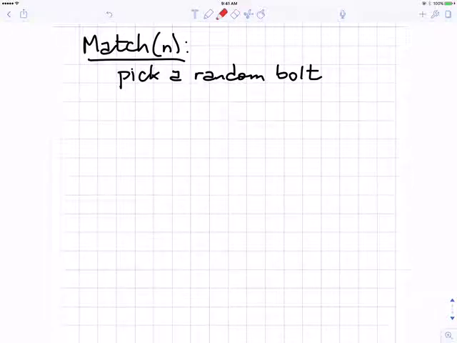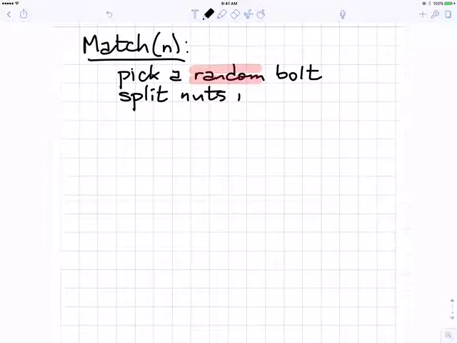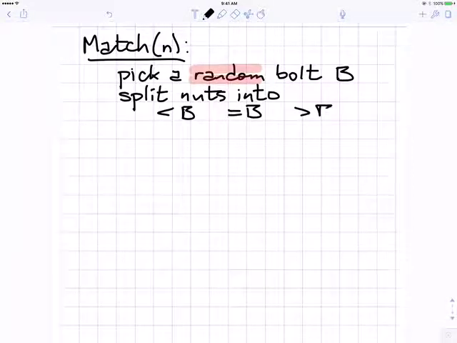And again, that's important. Split the nuts into, let me call this random bolt B, smaller than B, matches B, greater than B. Okay? And I do that by taking each nut and comparing it to the random bolt B that I've chosen.